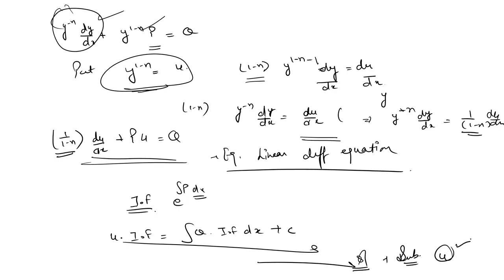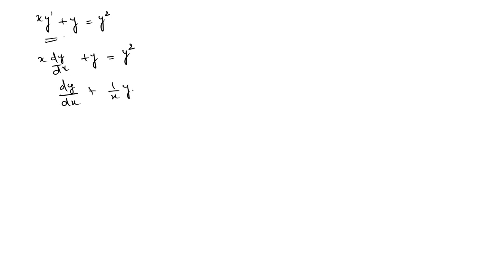Now we will try to solve this by taking an example. Suppose our equation is x y dash plus y equals y square. As we know, we can write it as dy by dx plus y divided by x equals y square divided by x. See, this is not a linear equation.